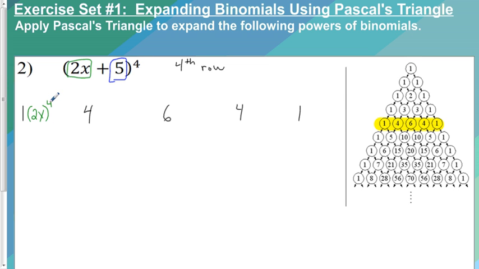And then we decrease our power by 1 each time. So this would be 2x cubed, 2x squared, 2x to the 1st, so just 2x, and then I don't put it there. So you can see 4, 3, 2, 1, and it's not there.